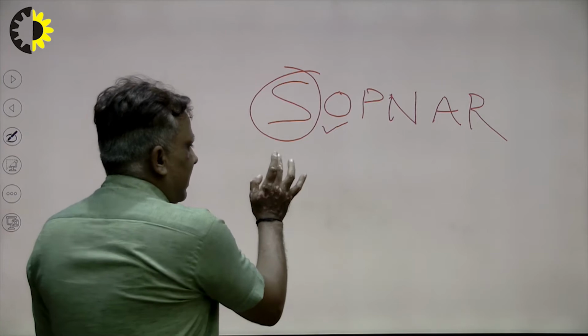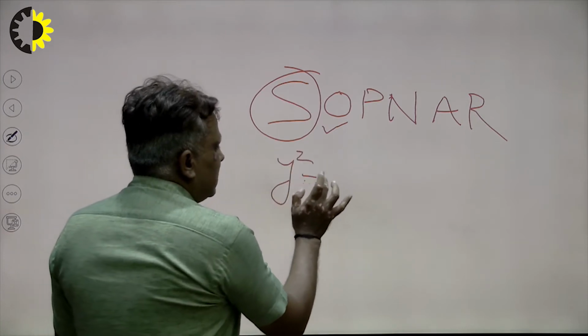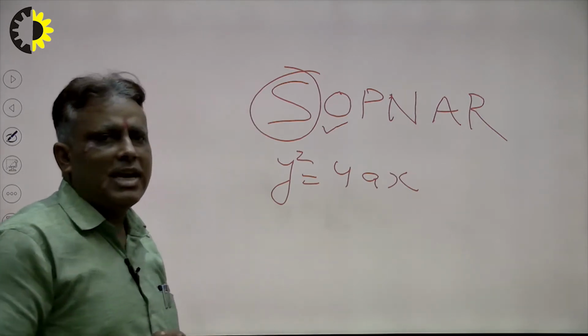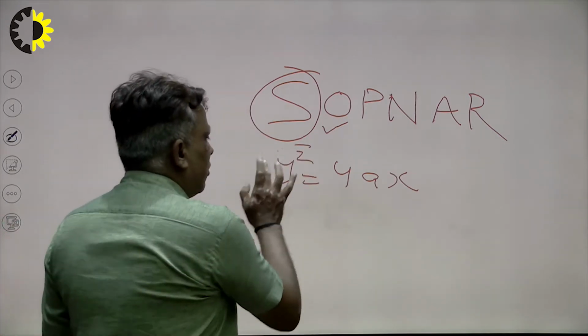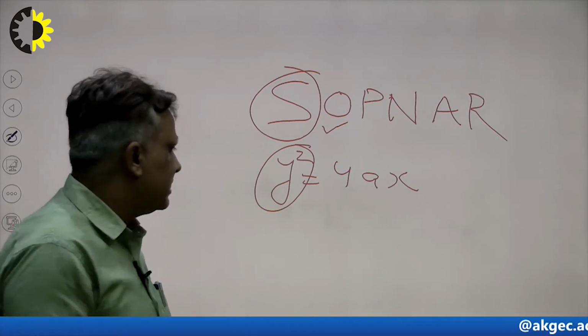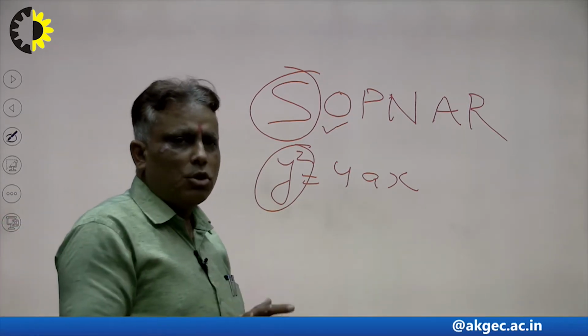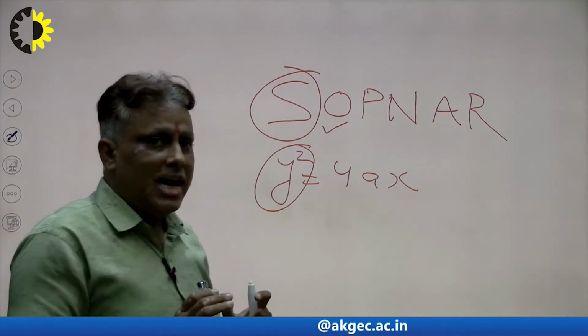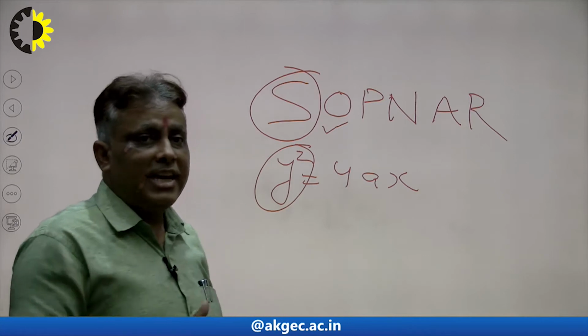Suppose I write an example here: y square is equal to 4ax. The symmetry of this curve is about the x-axis, because the curve contains even powers of y. Now, is this curve passing through the origin or not? Yes, because y square is equal to 4ax satisfies (0, 0). Now how to calculate the tangent at the origin?